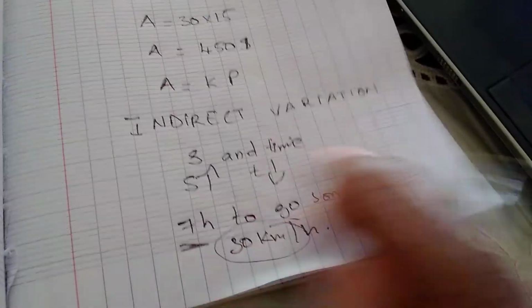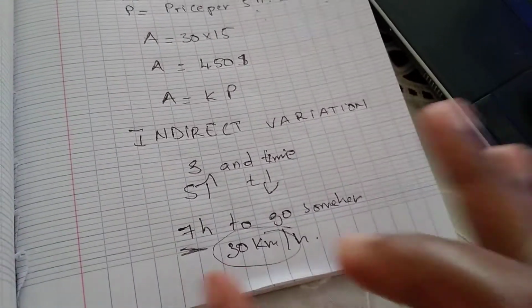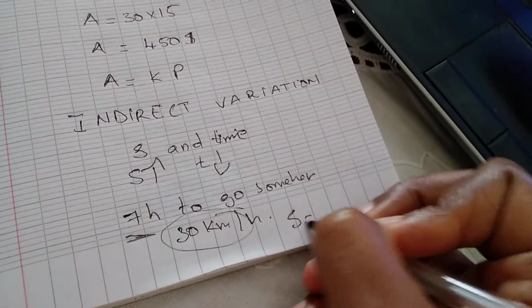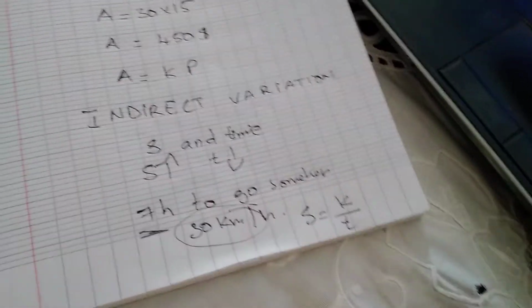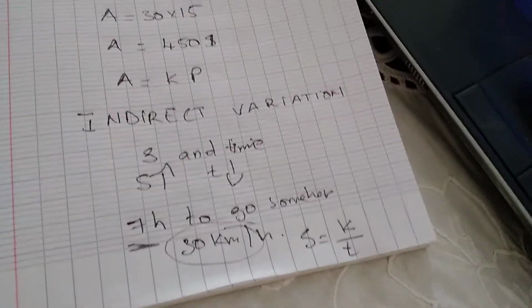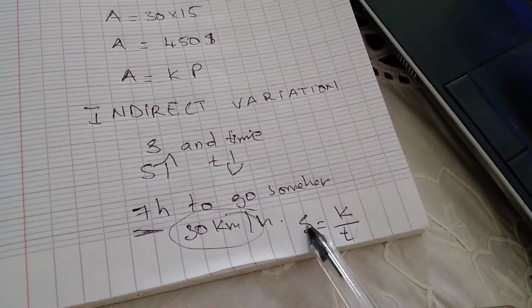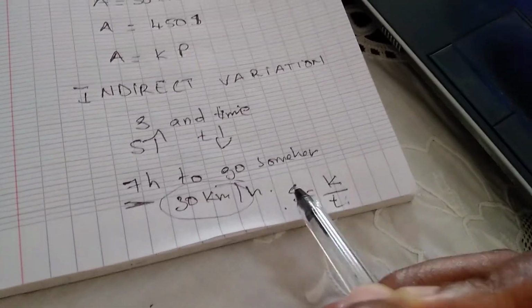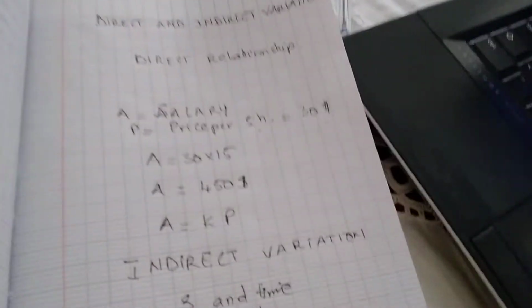So when you realize this type of relationship in a question, you write S = K over T. You need to find the constant of proportionality based on the information given to you. What it means is that as T increases, S decreases, and as T decreases, S increases. So this is basically direct and indirect variation.